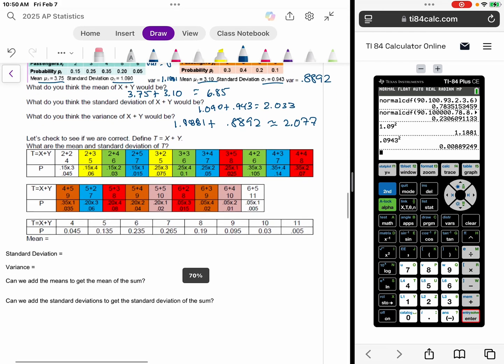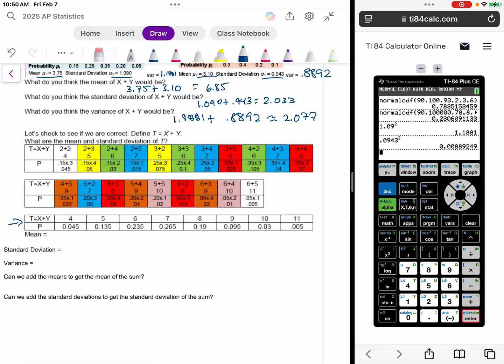So here we go. Basically, here's the table we're going to type in. If I go through and add each of the different, 2 passengers, 3 passengers, 4 passengers, and so forth, I'm going to have to create this big thing right here. And then this is the nice simplified part.